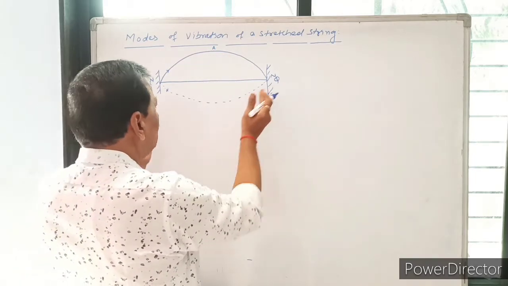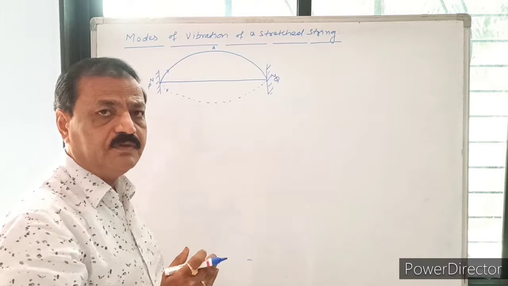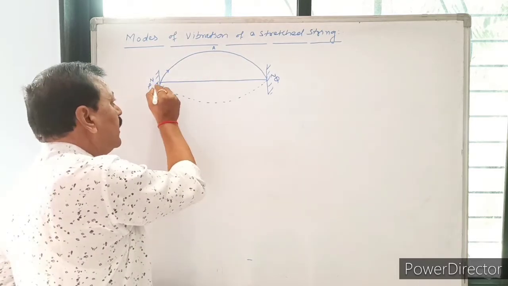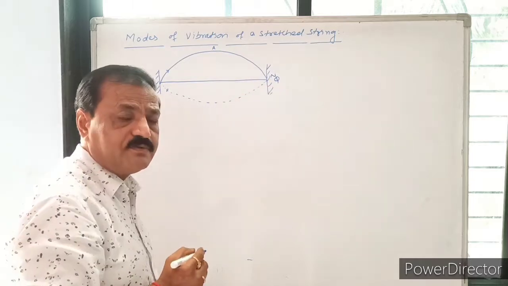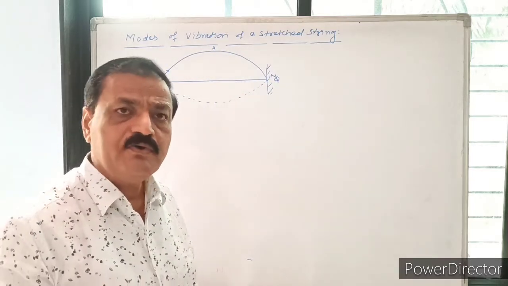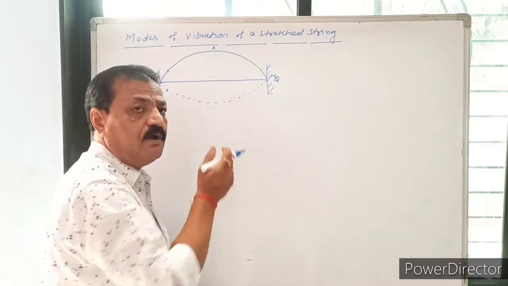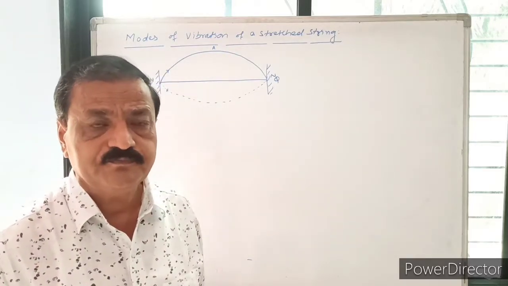So the distance between two nodes is lambda by 2. At the nodes, amplitude is minimum or 0. At the antinode, amplitude is maximum.